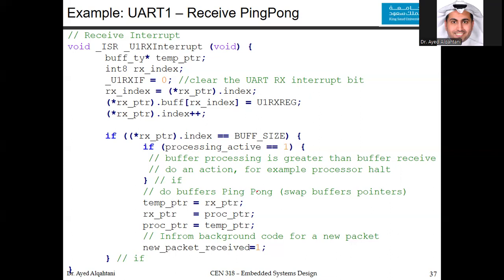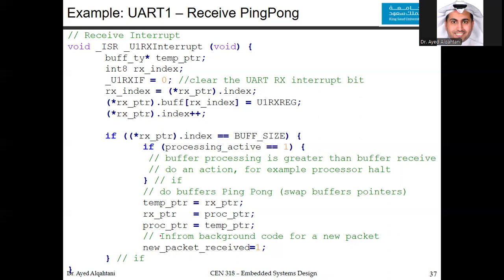You do the ping pong, and you do the ping pong easily by swapping the pointers only. So you need to define a new temporary pointer to do the swap. So you put the receiver pointer in the temporary pointer, then the processor pointer instead of the receiver, and whatever is in the temporary pointer, you put it in the processing pointer. We just did a swap, and we explained the idea of swap before.